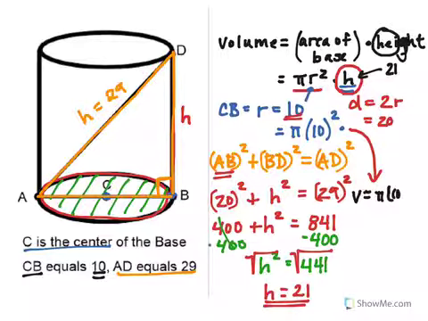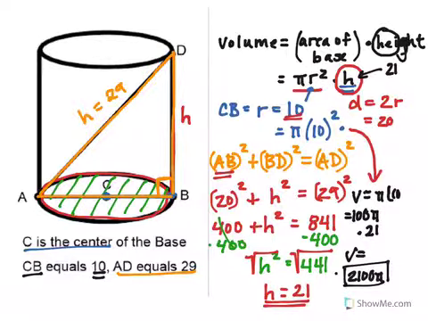So the volume is equal to 100 pi times 21, and when we multiply that out, 2100 pi would be my final answer there.